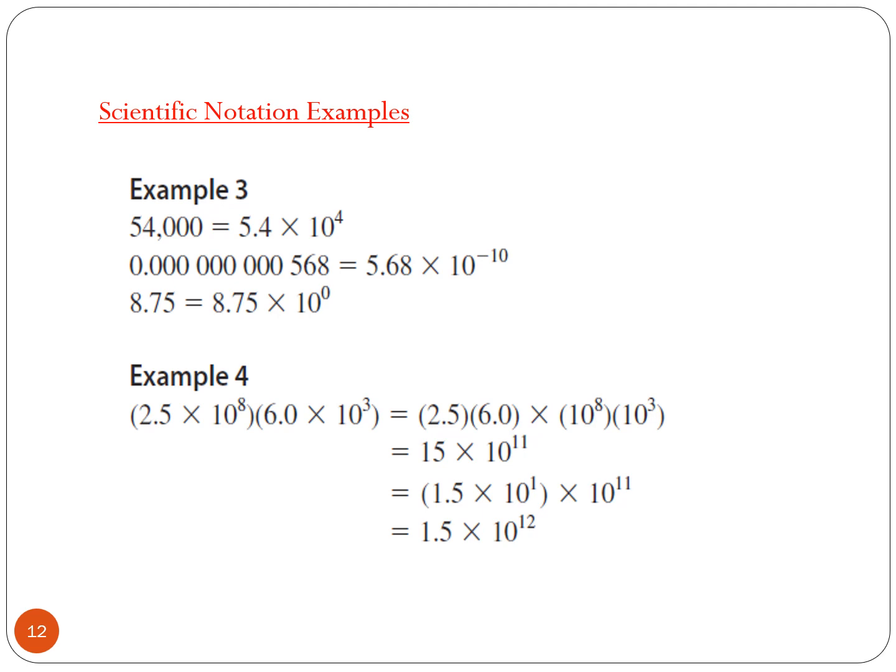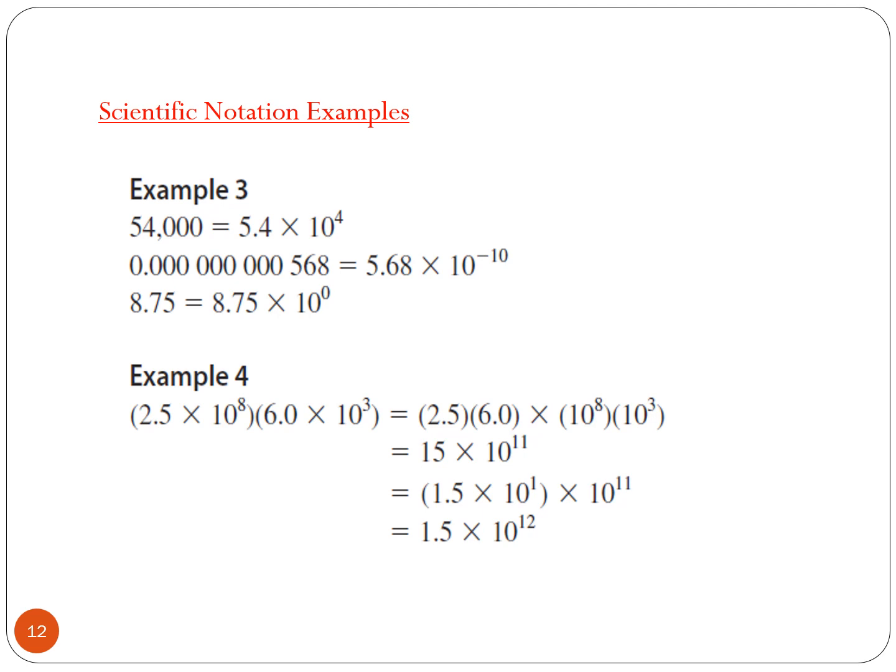Also, using scientific notation, you should be able to carry out products. So here are two numbers written in scientific notation, and we'll see how to multiply them. You have 2.5 times 10 to the 8, that's your first number in scientific notation, times the second number, 6 times 10 to the 3.